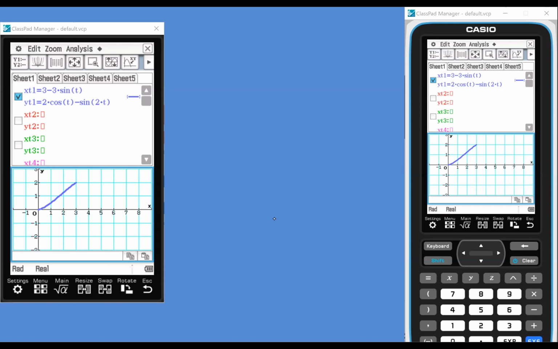And cos goes to negative sine, so minus 2 sine t. And sine goes to cos, so minus 2 cos 2t. So we've got that there.